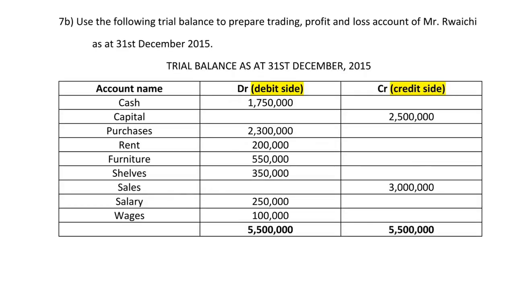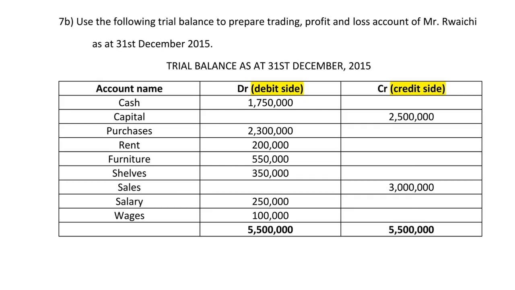Part B of the question, use the following trial balance to prepare a trading profit and loss account of Mr. Ruaichi as at 31st December 2015. So we've been given the trial balance with the account balances there. Okay, so we have to recall that this is coming from accounting.